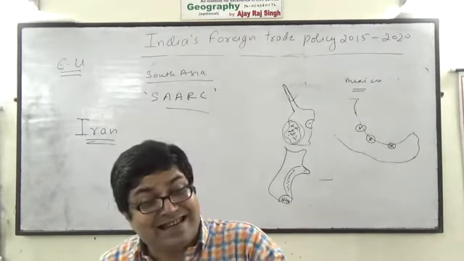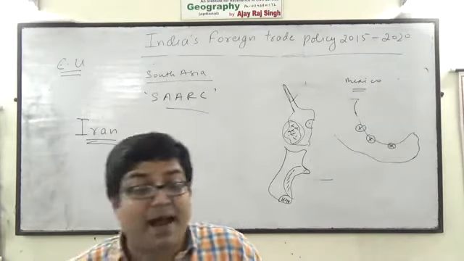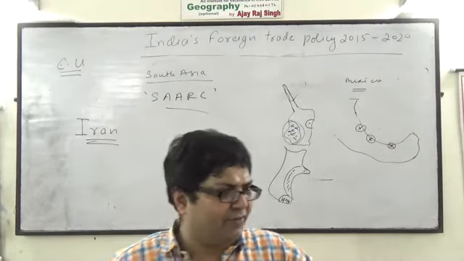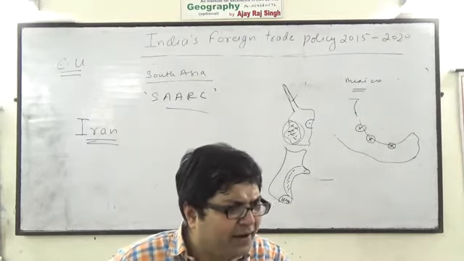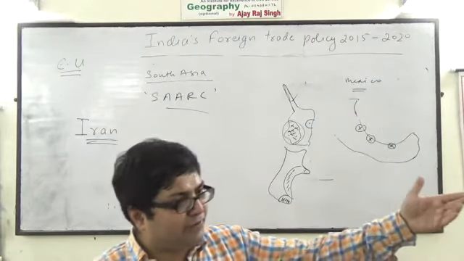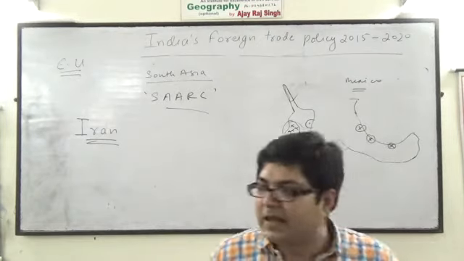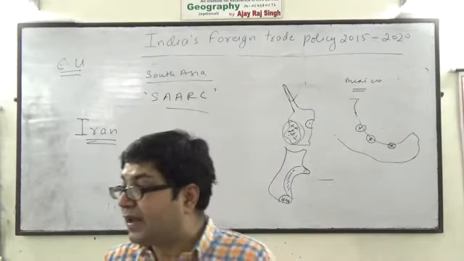So this increase in trade between India and Iran has been facilitated by the rupee-rial payment mechanism. That is, when we export goods, they pay the exporters in rupee, and whatever quantity we import from there, we pay them in rial. So this has facilitated trade on both sides.